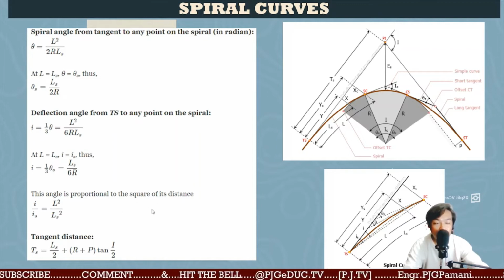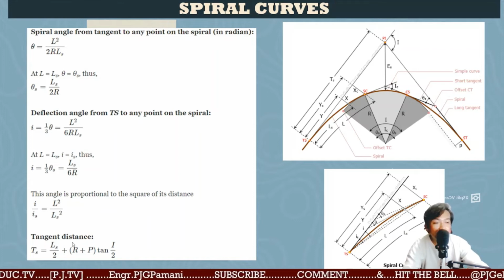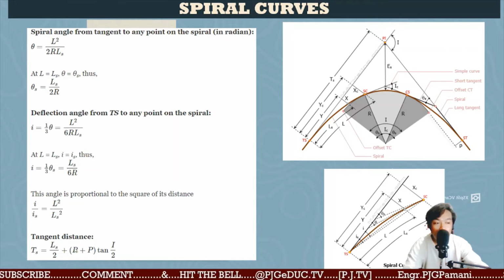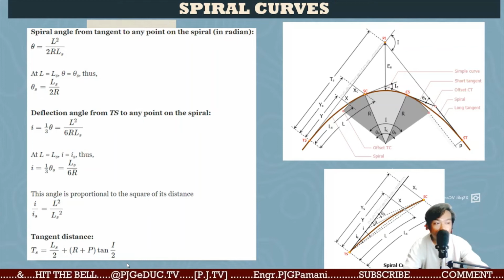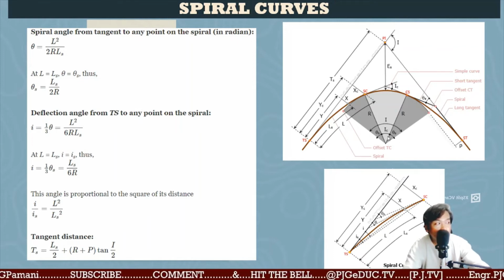So if it is proportional, I over IS should then equal to L squared over LS squared. Then the tangent distance, TS, simply equal now to LS over 2 plus R plus P tangent I over 2. Okay? Tangent I over 2 is the central angle. Then IC, theta S, theta S.